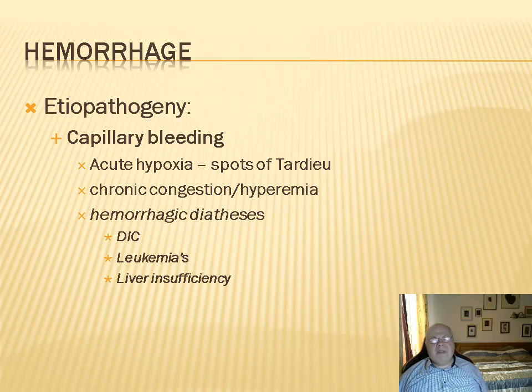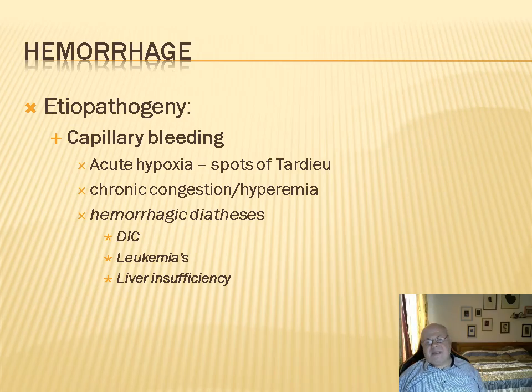They are small quantities, but very well seen and described first by this guy called Tardieu, a French guy, who made autopsies for persons who were executed by hanging during French Revolution. And he saw, because by hanging execution they suffered of an acute hypoxia, they all develop such hemorrhages on the surface of pleura and pericardium.